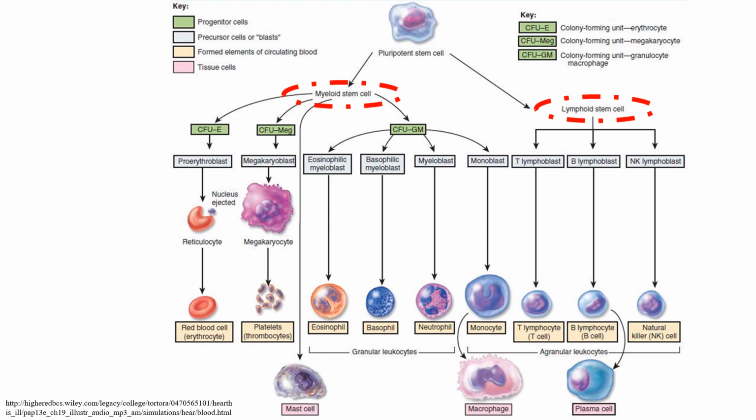So coming back, we've seen this diagram a few times during this PowerPoint. Pluripotent stem cells are going to form myeloid stem cells and lymphoid stem cells. From the myeloid stem cells, we get erythrocytes, platelets, all of the granulocytes, the eosinophils, basophils, and neutrophils, and also the monocytes.